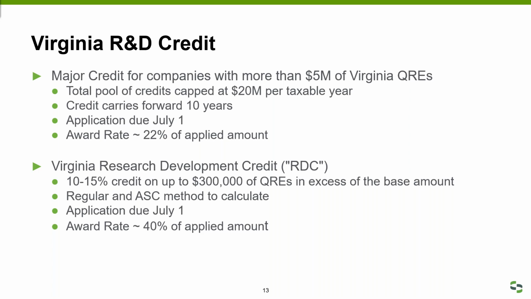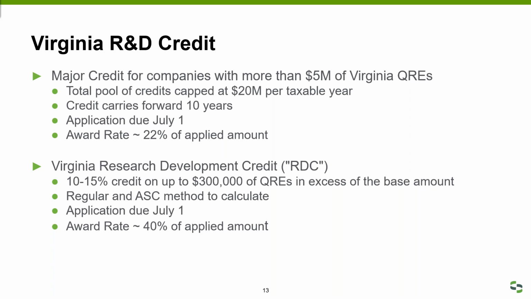And usually the award rate is about 22%, obviously higher than the U.S., ranging from 6 to 20, as we've discussed. They have a minor pool, so that's for those individuals where your QREs are really less than that $5 million mark, and you get a 10 to 15% credit up to 300,000 of QREs in what's referred to as your base amount.